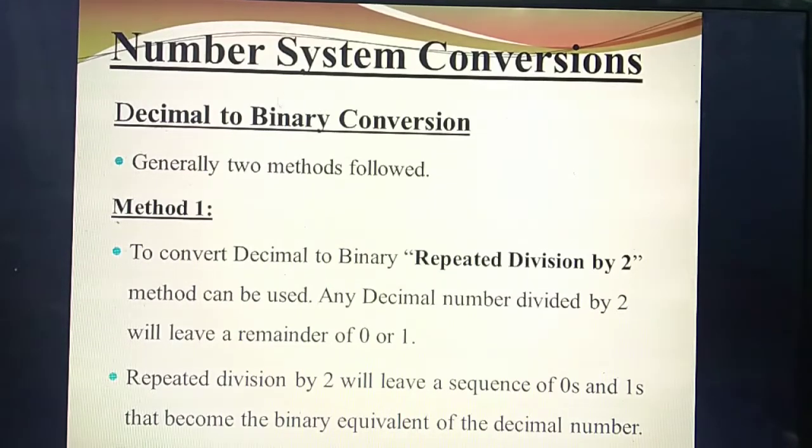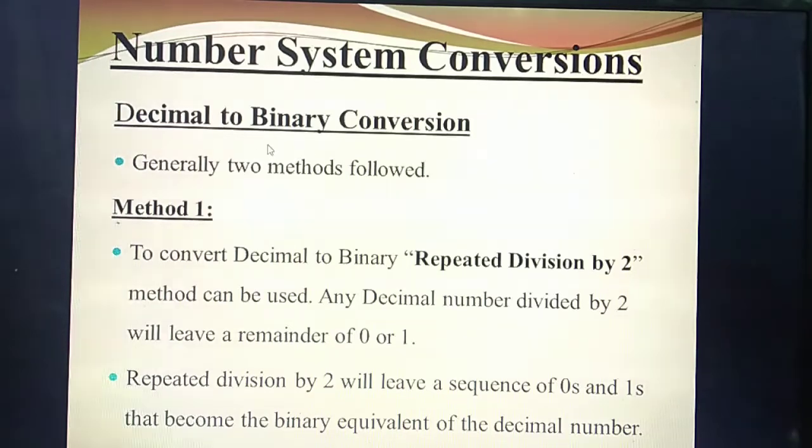So listen, which format you are going to convert to, that format's base value, based on that base value you should divide the number. In your question they ask you to convert to binary format. So what's the base value of binary? 2. So you should divide the number by 2.